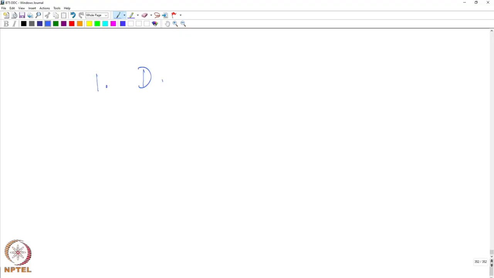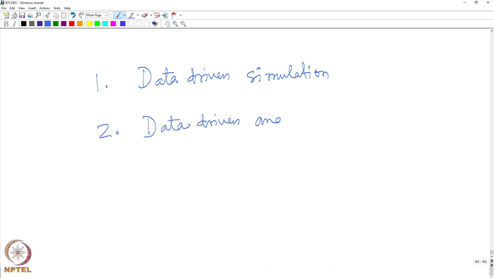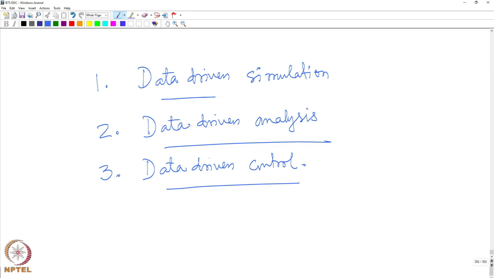Number 2, data driven analysis. And number 3, data driven control. So without further delay, let me start with number 1.